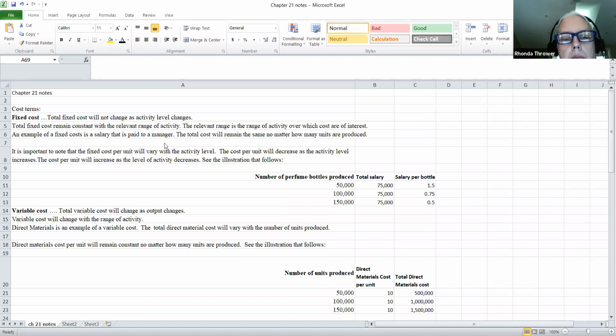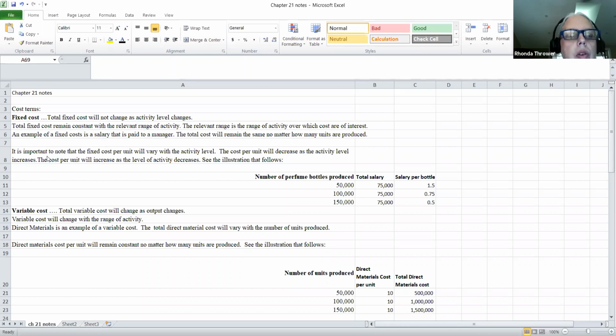And this salary dollar amount in total will not change with the number of units that are being produced. So a fixed cost in total will not change as the activity level changes. Fixed cost will remain the same no matter how many units are produced.